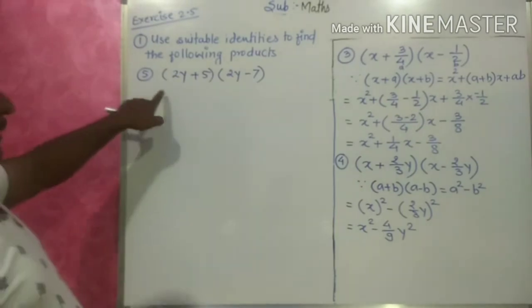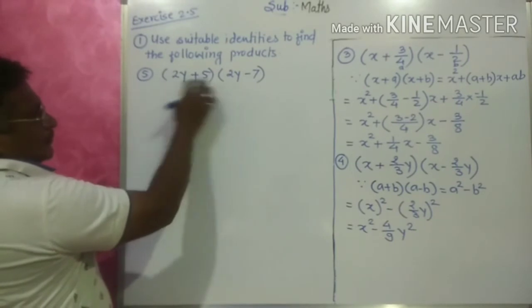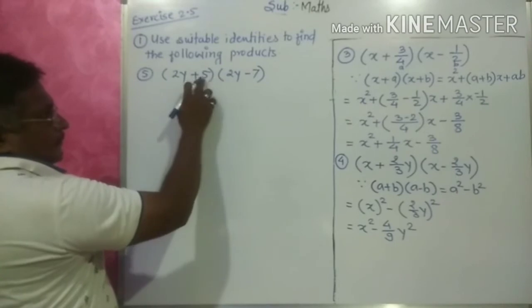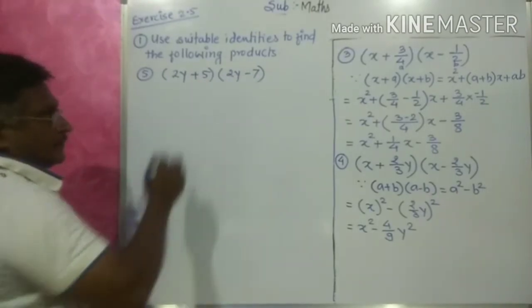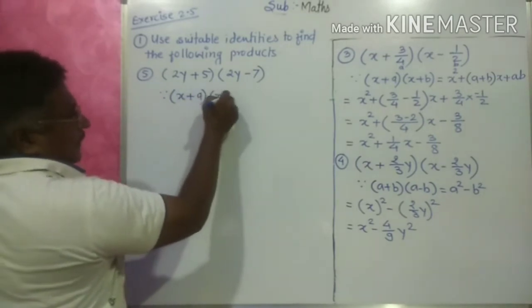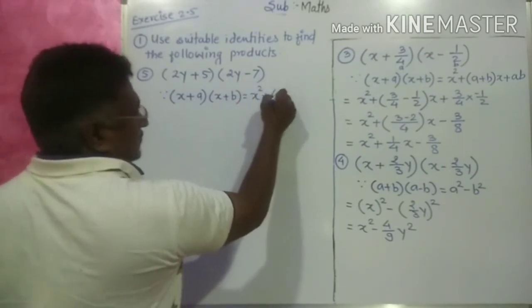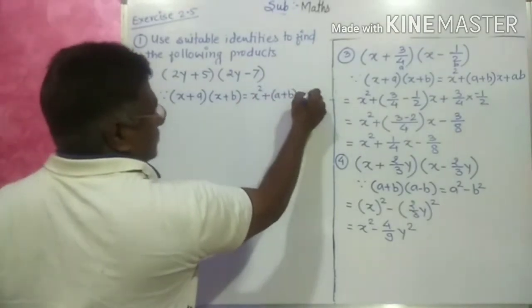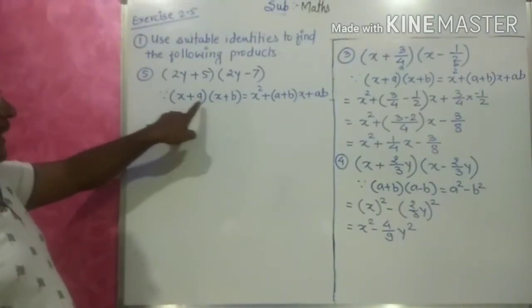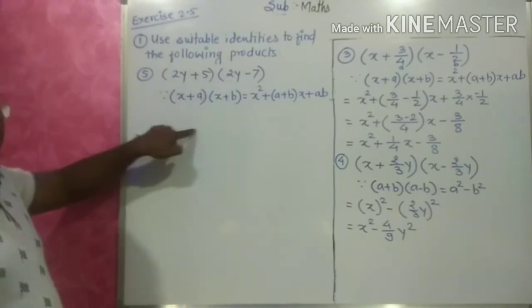Now the fifth example. What is given in the fifth example? Here the terms are different. The first term is the same, but the second term is different. So what is the identity? (x plus a) into (x plus b) equals x square plus (a plus b) into x plus ab. First term is the same and second term is different, then we have to use this identity.